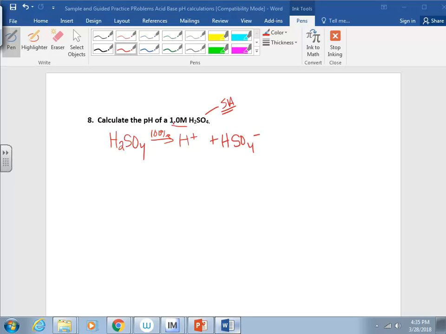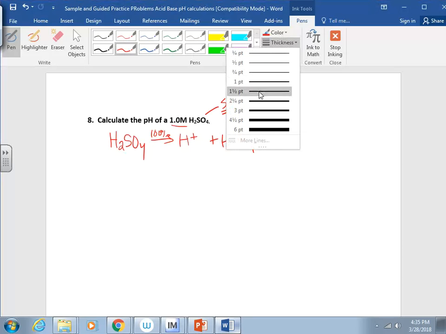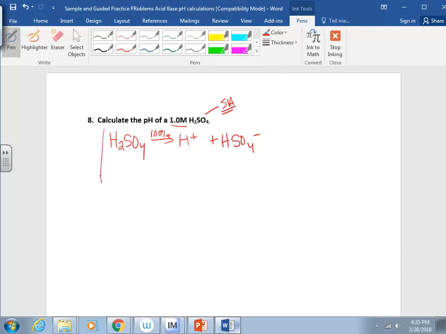Now, if this had been less than 1.0 molar, you'd have to do the second dissociation step similar to what we just did in the last example. But since this is 1 molar, we do not have to do that. We just treat it as a regular strong acid problem. We assume 100% dissociation. So initially, we have 1.0 molar, 0, and 0.